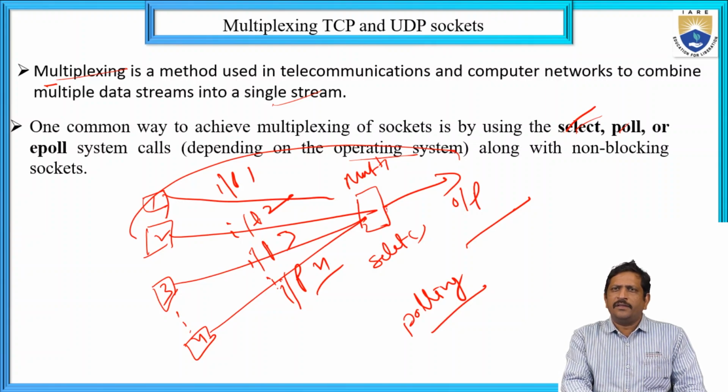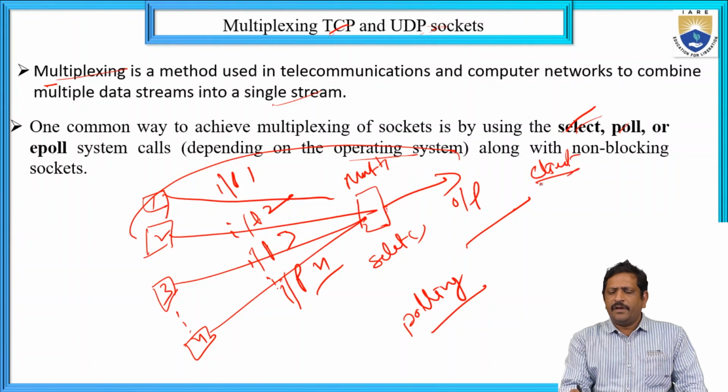Generally, multiplexing can be achieved this way. But in multiplexing TCP UDP sockets, the multiplexing is achieved with the help of the Transmission Control Protocol and the UDP protocol. Sockets can be arranged at the client side and at the server side.